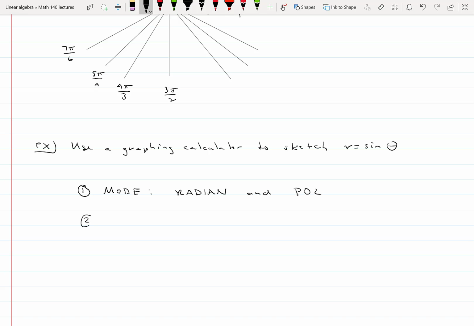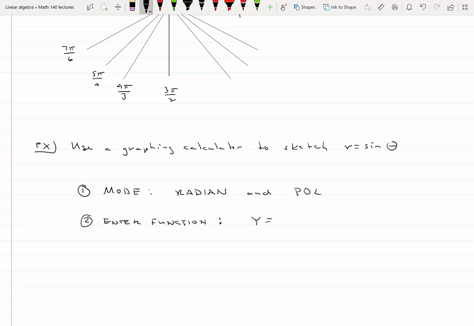The second thing, we need to enter the function. Push y equals, upper right, and you notice that the calculator doesn't say y1, y2, y3, etc., like when we were graphing trig equations before. It has r1, r2, so it's ready for you to enter r equals a function of theta.